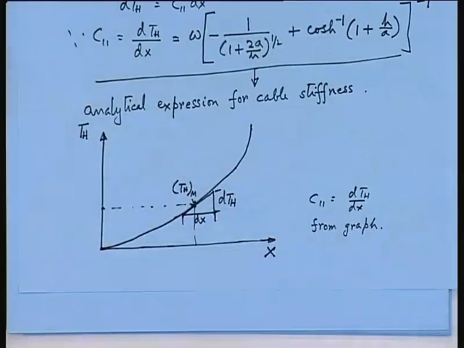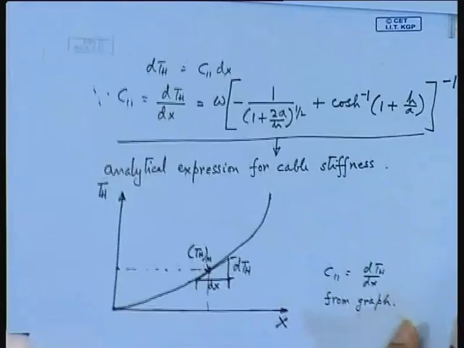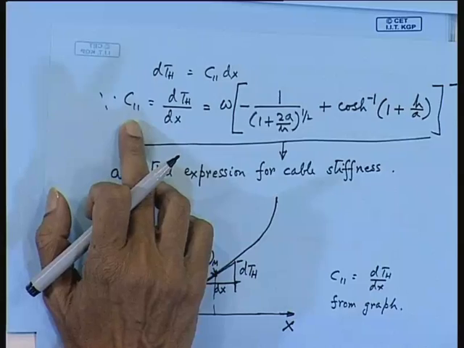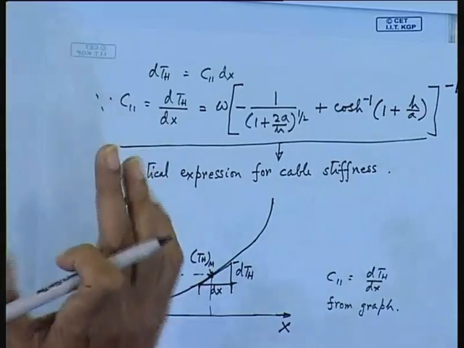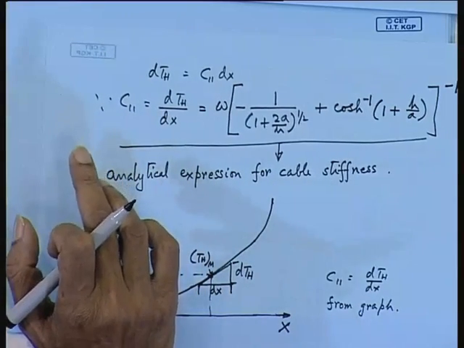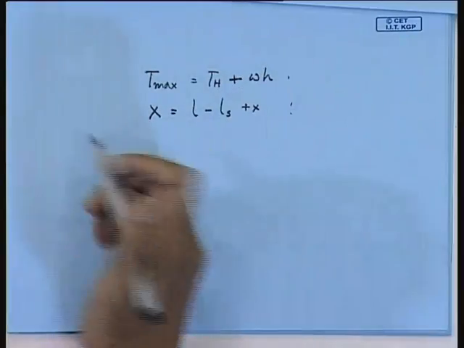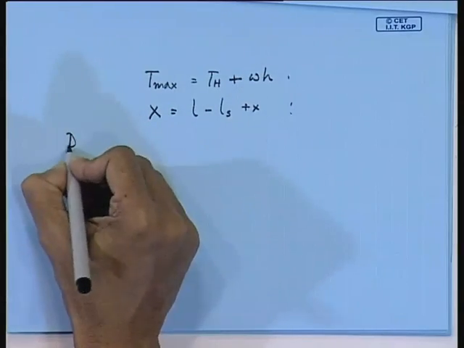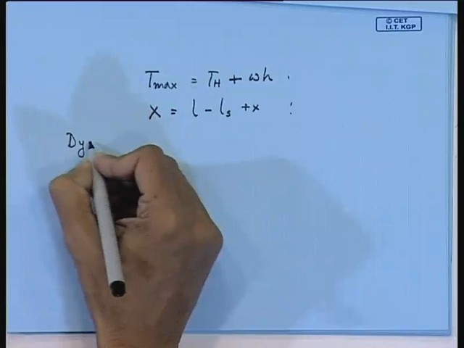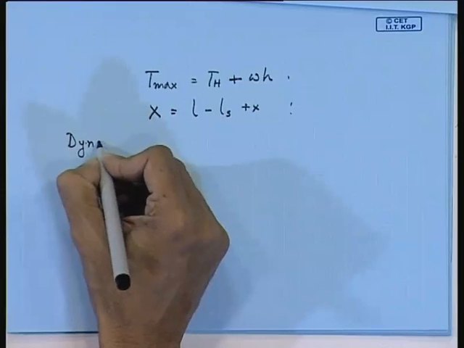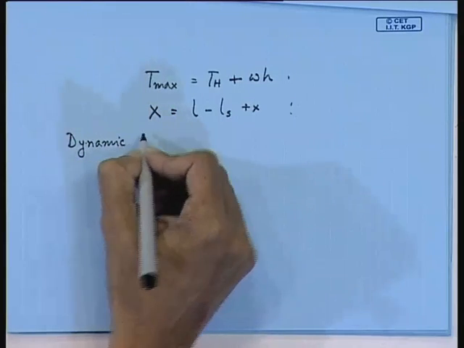So first he has done this static analysis. Now from static analysis we are getting this value C11. Now this you have to put as input to your dynamic analysis program. So the dynamic analysis is the more important and crucial. So this you get an expression like your equation of motion. So this is your dynamic analysis.